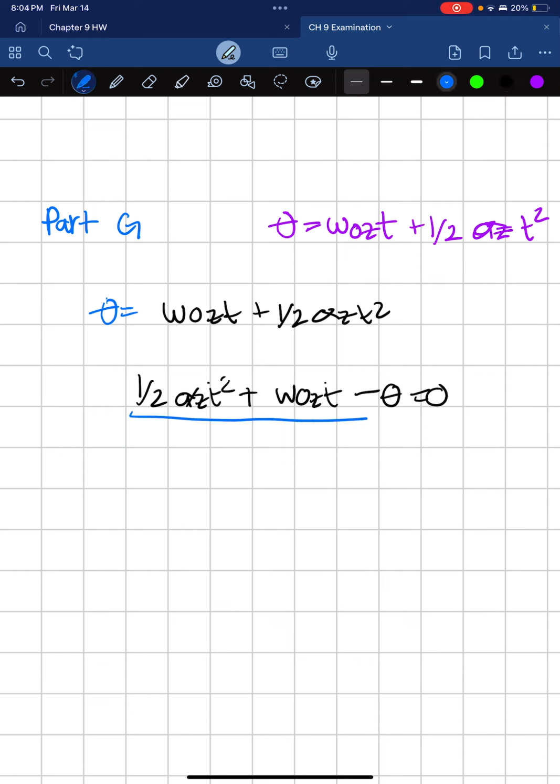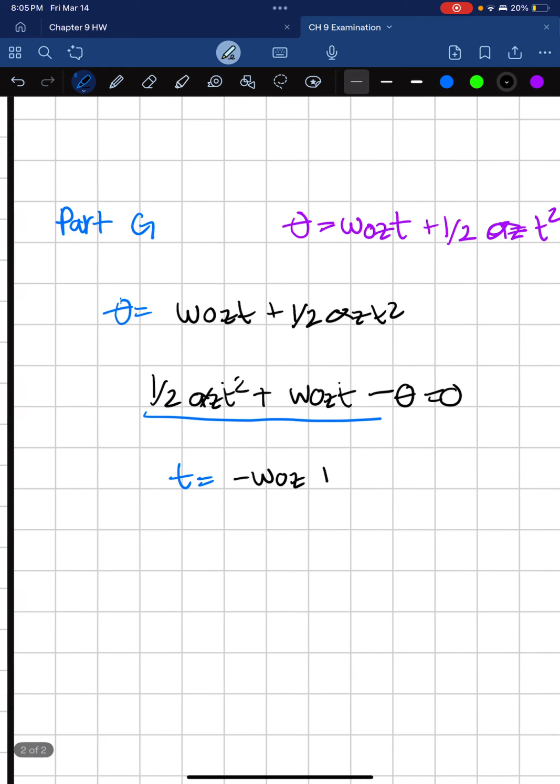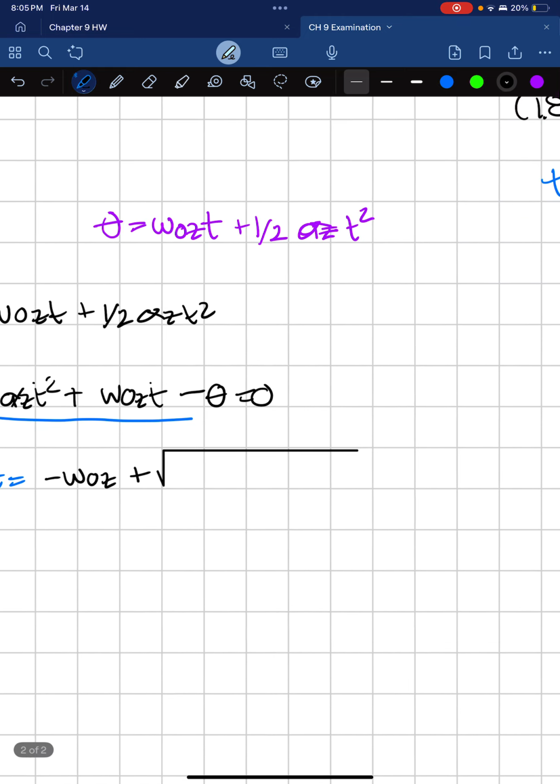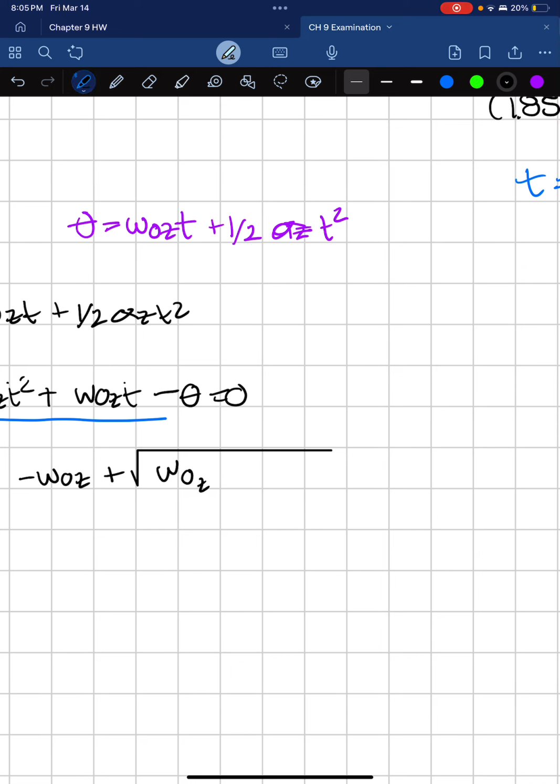What do we notice from here? We have a quadratic equation. So let's put that into the quadratic formula. It's always going to be plus, because we don't need a negative number. Then here, just plug it in. We're just plugging in our angle, and the angular acceleration is going to be at the bottom.